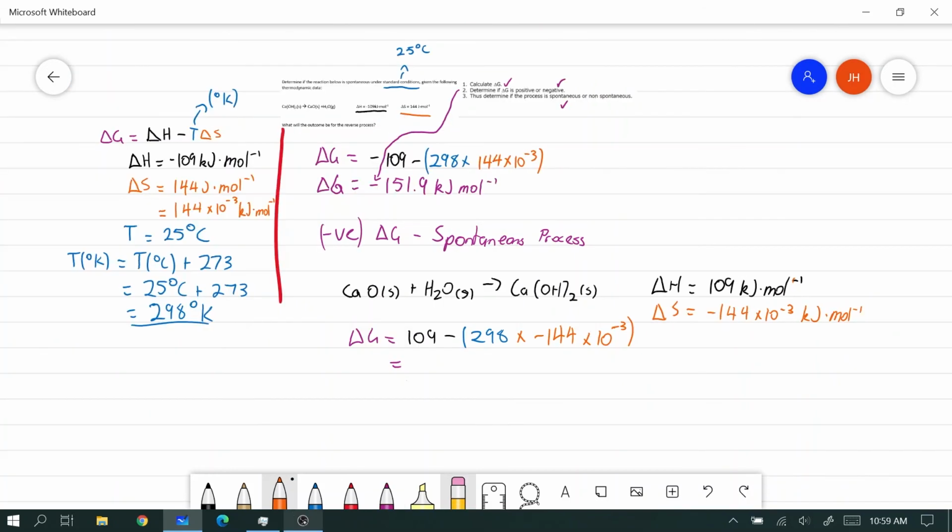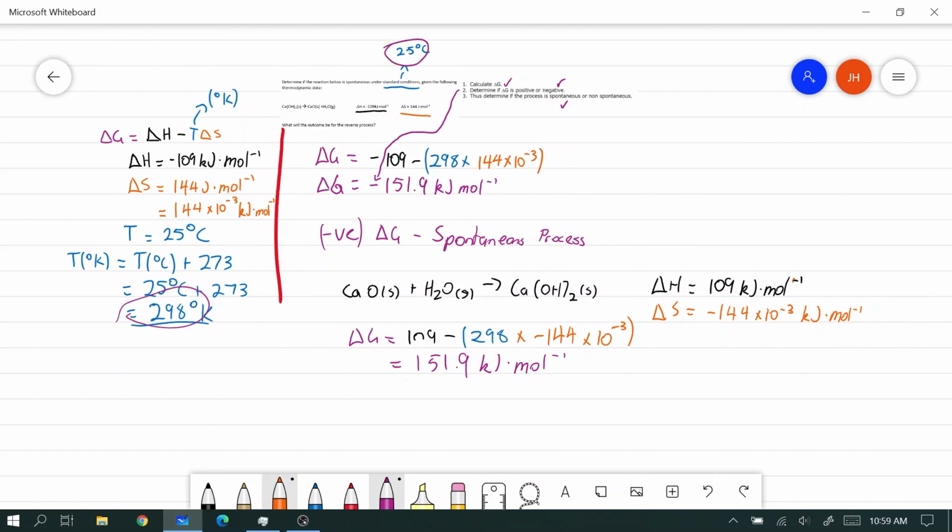So when that goes into the calculator, we end up getting 151.9 kilojoules per mole. Just notice too, when we're reporting these answers, they should probably be reported to 3 significant figures, just like delta S there.